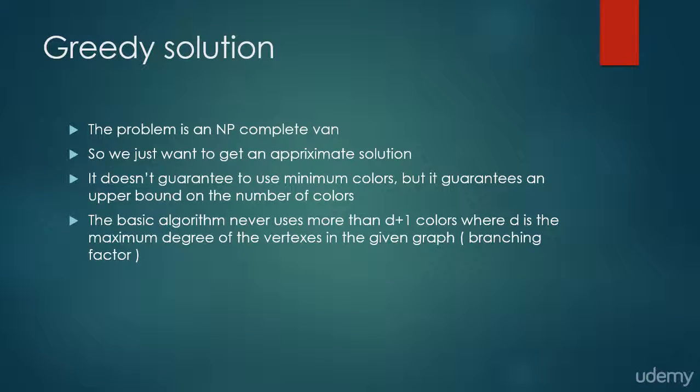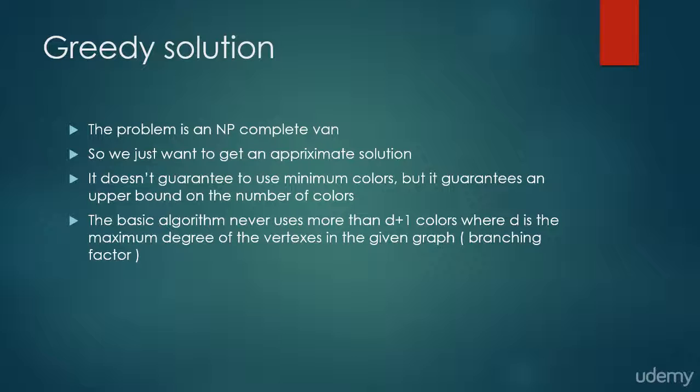So, as I said earlier, there are 2 main approaches, the greedy solution and the Welsh-Powell algorithm. Let me say a few words about the greedy one. Because the problem is an NP-complete problem, we just want to get an approximate solution.